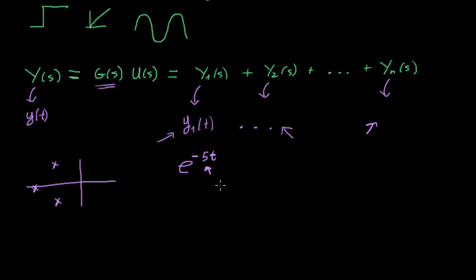Now, if the real parts of the exponents of e in all those functions are negative, then the terms in which they are included will eventually vanish, or at least they will tend to 0. Once all the real exponents in all these functions have decayed, we can say that the system is in steady state, and then y of t is almost the same thing as yss of t.